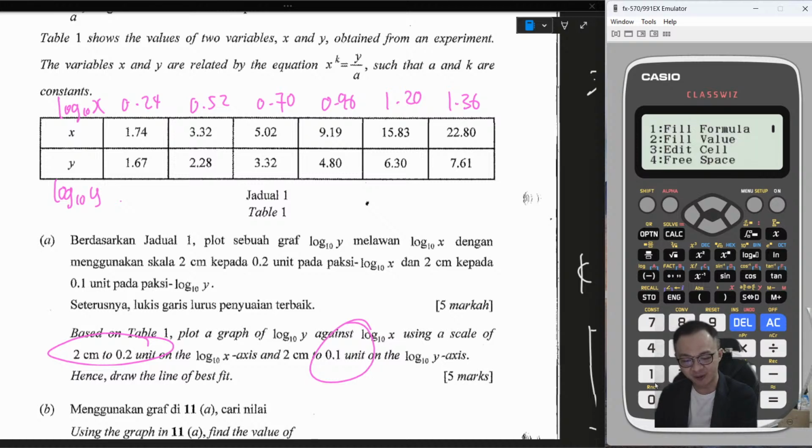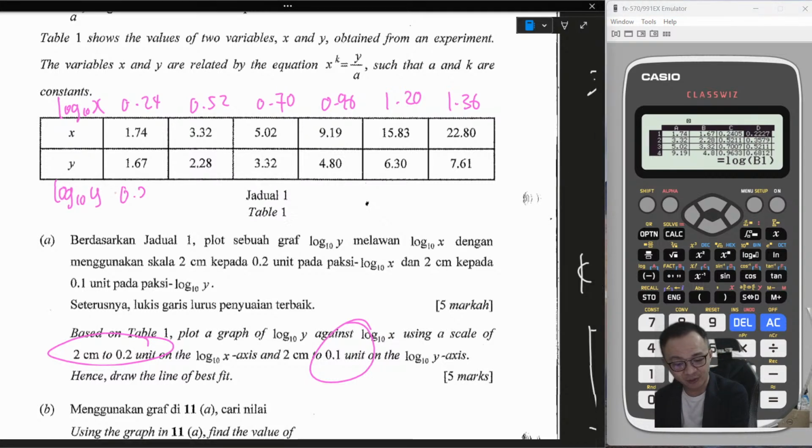I fill the formula, and now I want them to log all the b values. So I will say log b1, and here I want all from D1 to D6. Then the calculator will help me to log all the values: 0.22, 0.36, 0.52, 0.68. Last two, this one is 0.80 and 0.88.